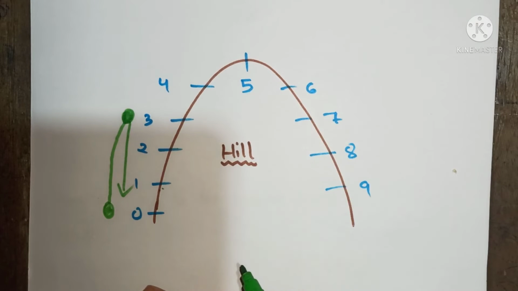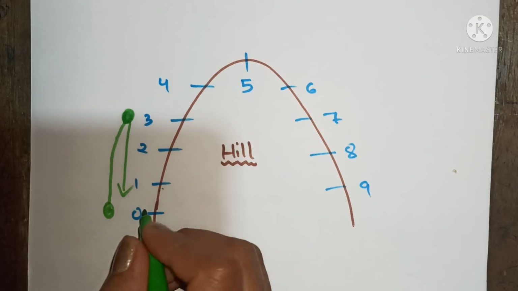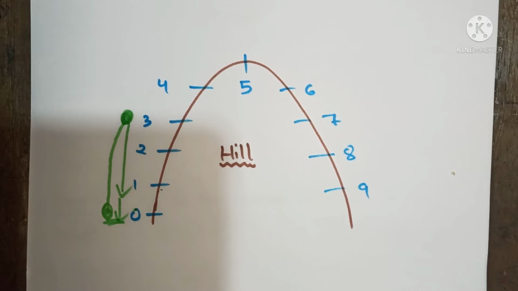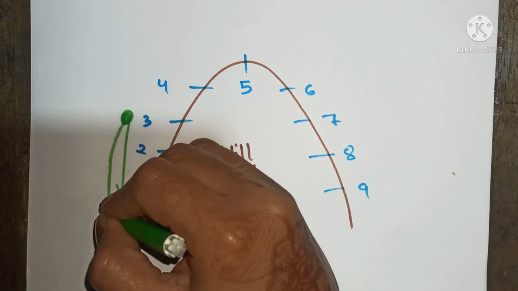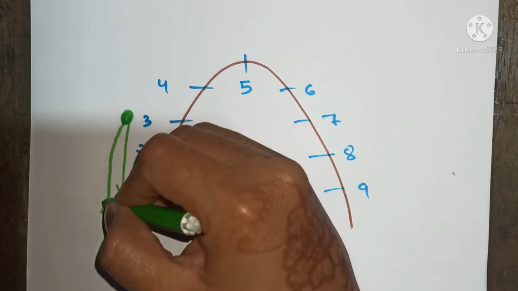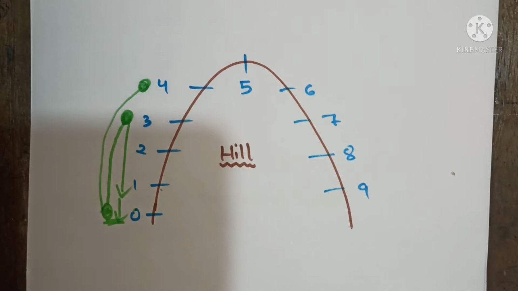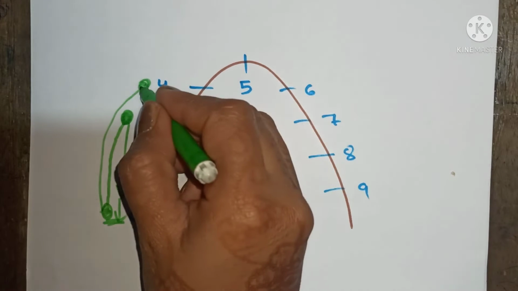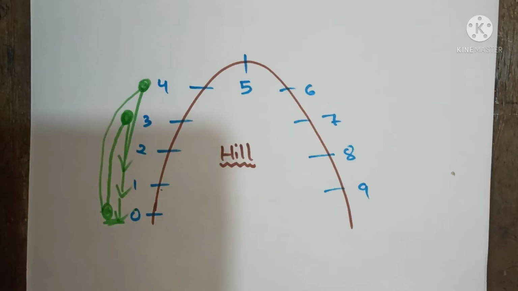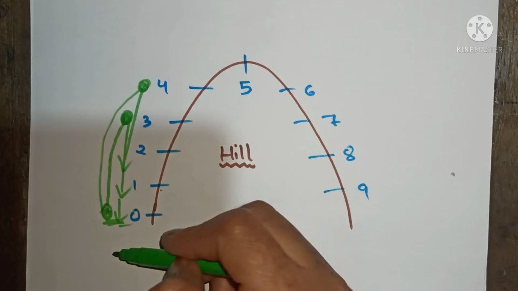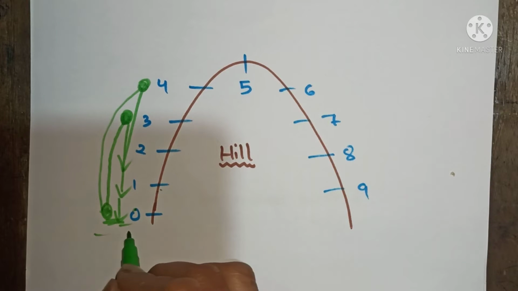So where will you fall? You will fall back to 0. Now if again you ride on a bike and you reach 4 and your petrol finishes there, then what will happen? Yes, again you will fall back to 0. That means if our bike stops anywhere from 0 to 4, we will fall back to 0.